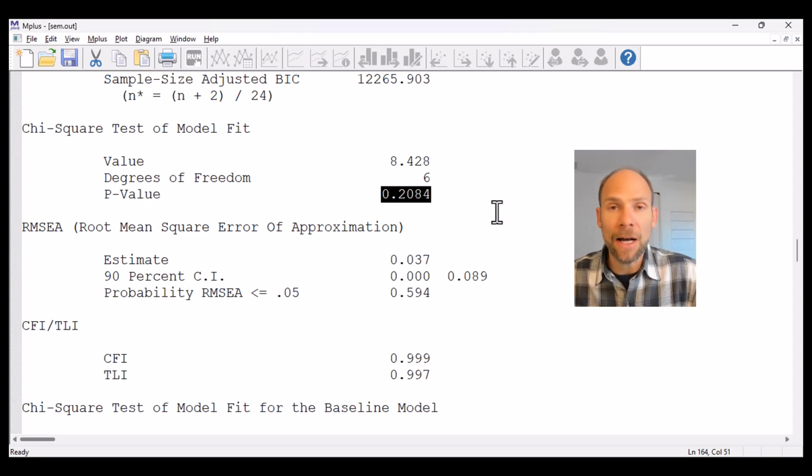And if that's our alpha level, then we can retain the null hypothesis. We don't have to reject the null hypothesis. The null hypothesis here being that the model fits exactly in the population. So that hypothesis here is not rejected. Now, this doesn't mean that this model is the correct model.